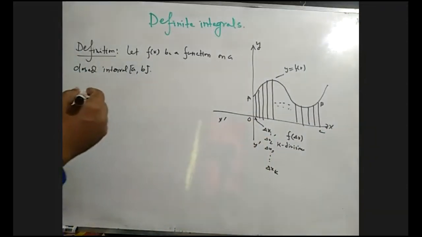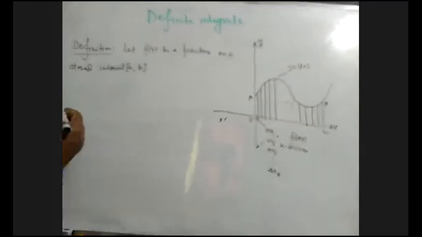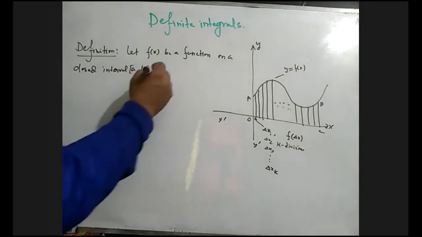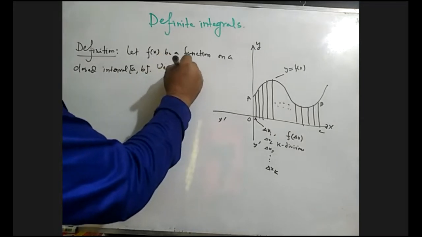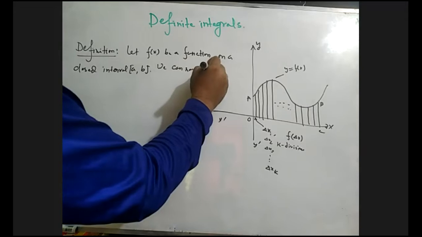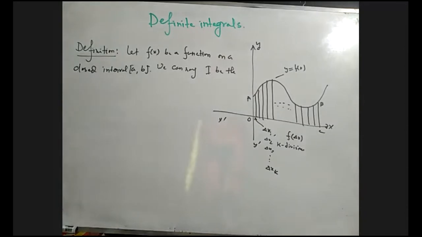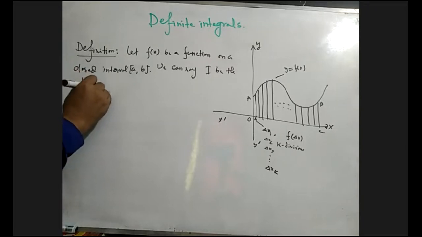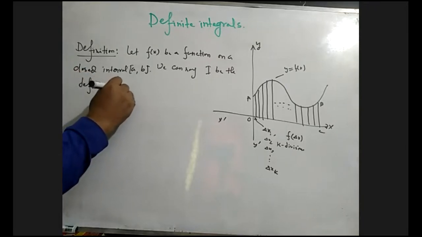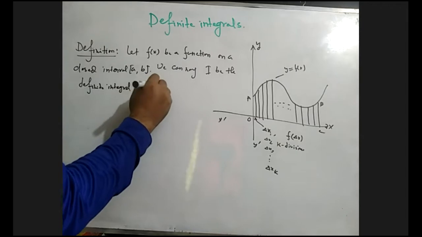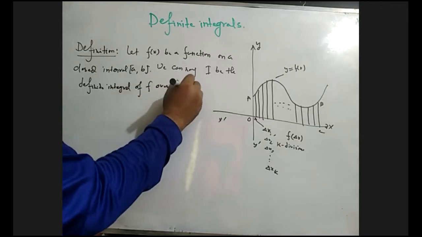So let f of x be a function on a closed interval AB. We can say I be the definite integral of f over AB.